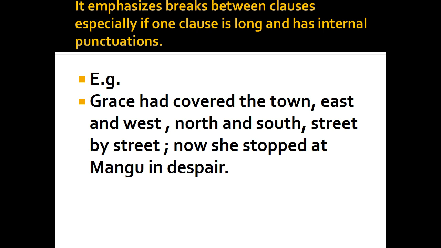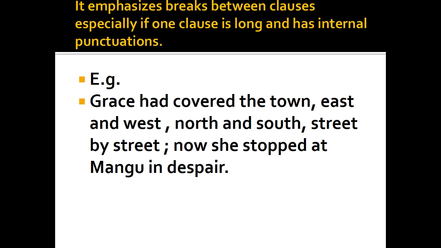Apart from that, you will discover that the first clause has internal punctuation like the comma. So this long sentence is joined with the semicolon, and the first part of it is longer than the second clause, and the first one has internal punctuation, that is the comma.